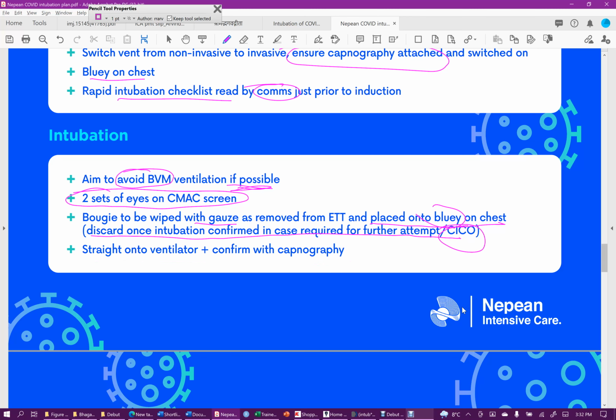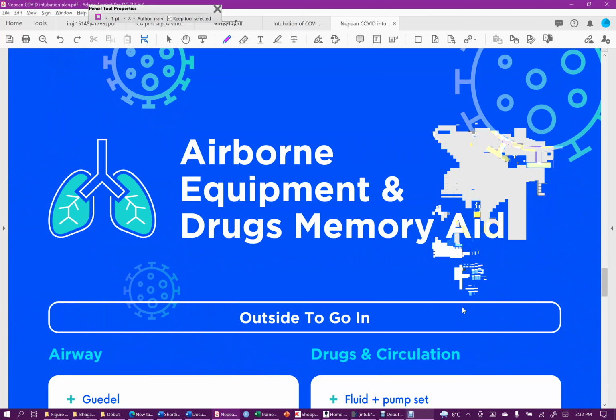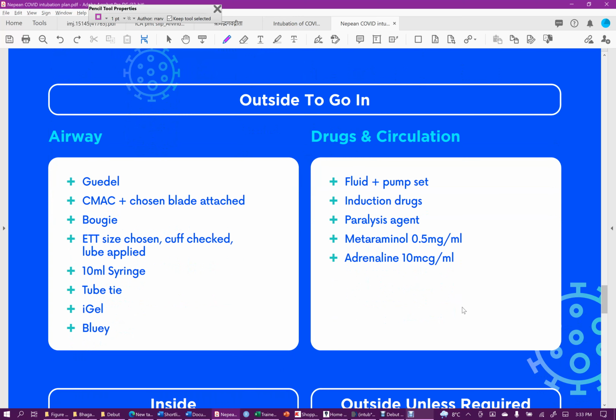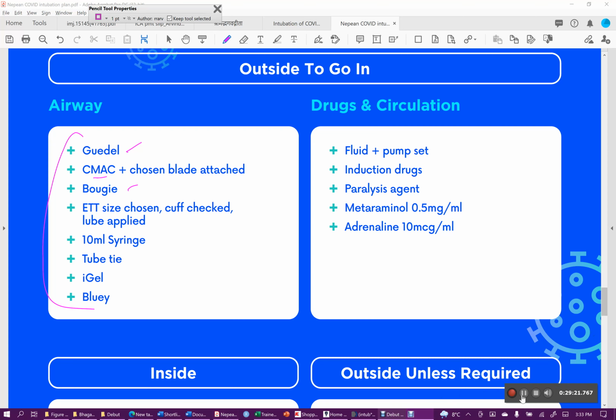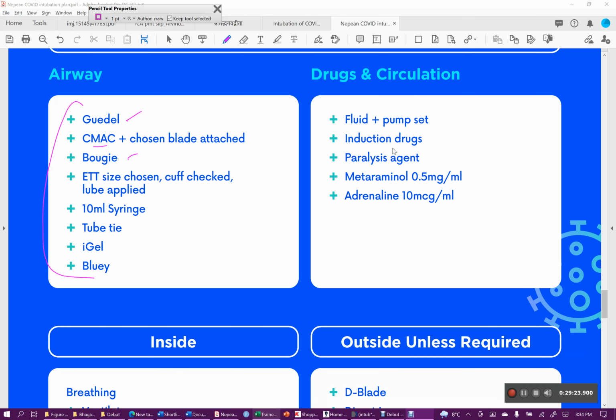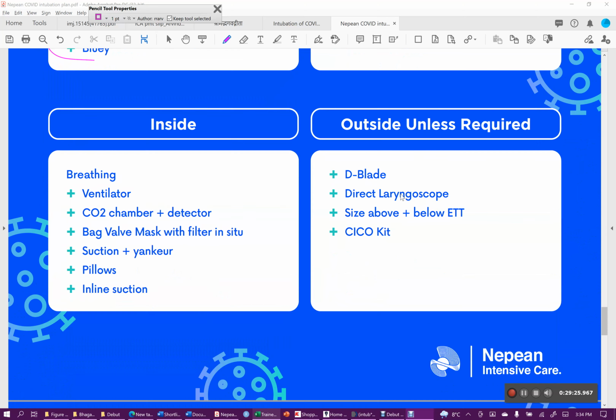So no major differences at all. There are just so few differences. Apart from that, what are the things to go in? You'll want to take a Guedel airway, either a C-MAC or some kind of video laryngoscope, or a bougie. So virtually the same thing. All of these other things here are exactly the same as you would normally do.